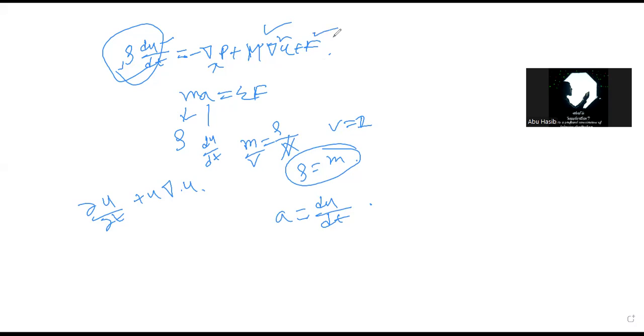It's pretty common that gravity is the only external force, so we sometimes write rho g instead of f. And this is why the Navier-Stokes equations can model any fluid. They're simply two fundamental laws of physics written out for fluids.